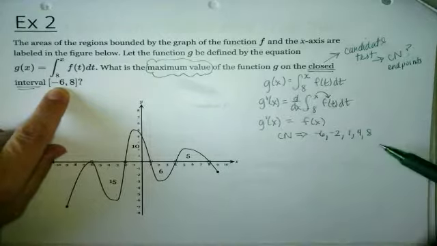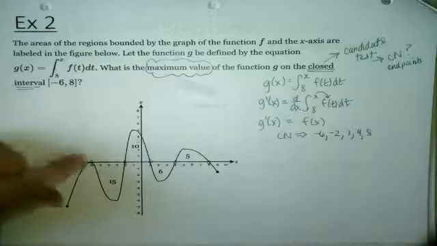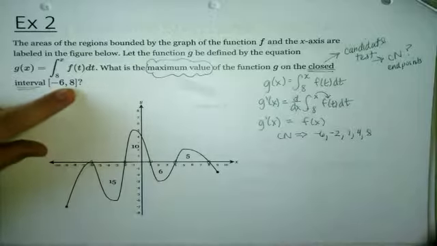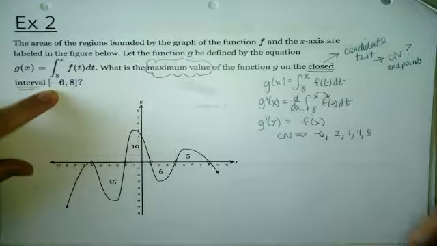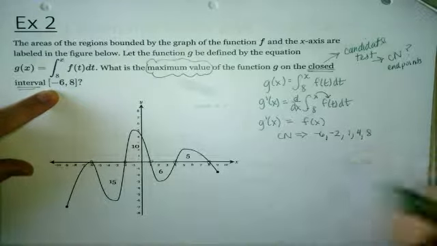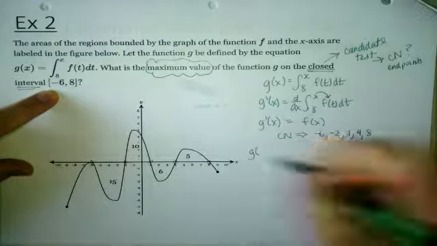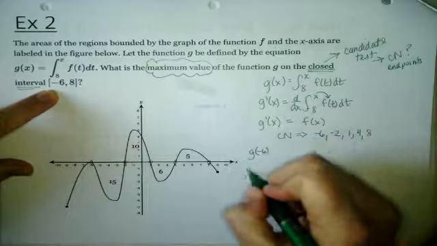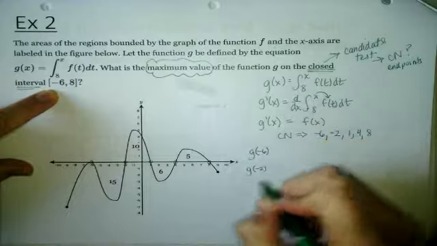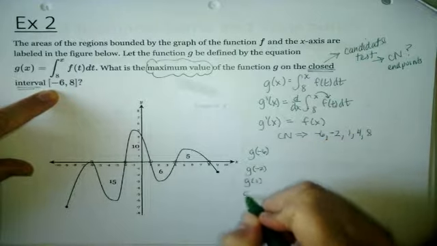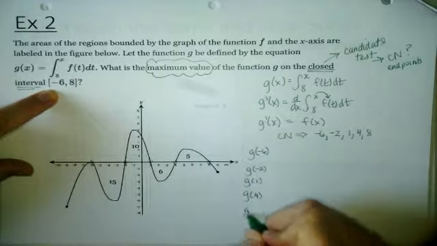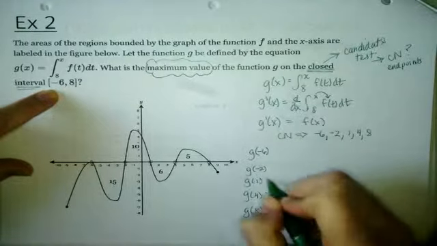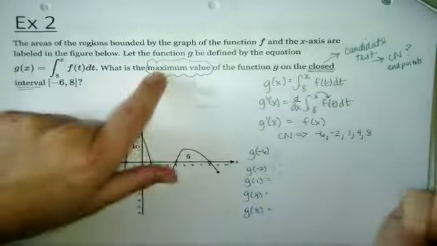And all of these critical numbers and the endpoints, we're going to test. So we need to figure out what is G evaluated at -6, what is G evaluated at -2, G of 1, G of 4, and G of 8. And if we can figure that out, then we can see which one is the biggest.